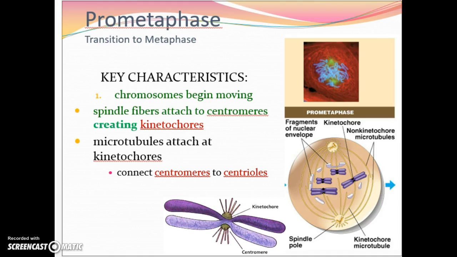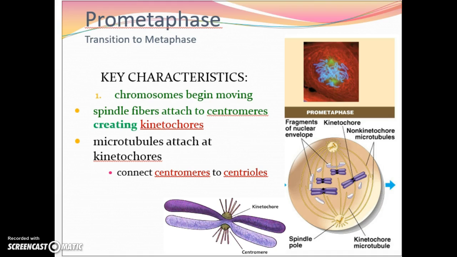When a chromosome's kinetochore is captured by microtubules, that is actually what's happening during prometaphase. Some spindle microtubules have a special name, kinetochore microtubules, and they attach to these kinetochores of the chromosome.